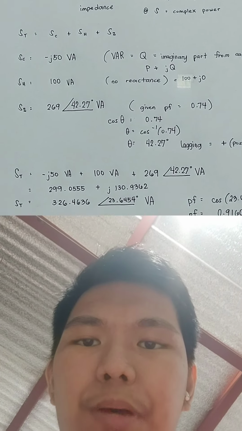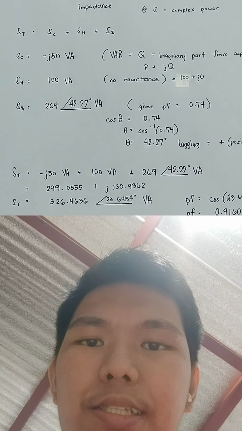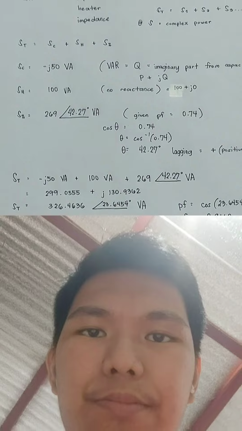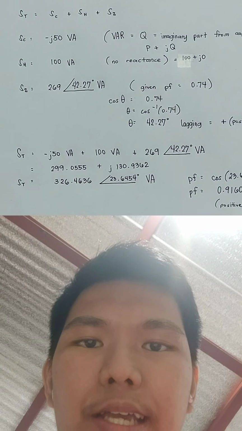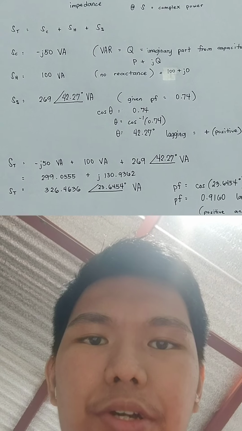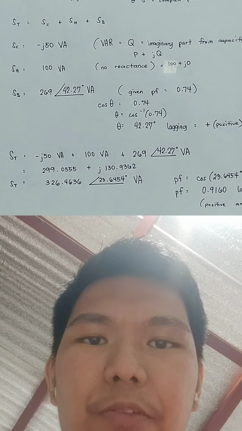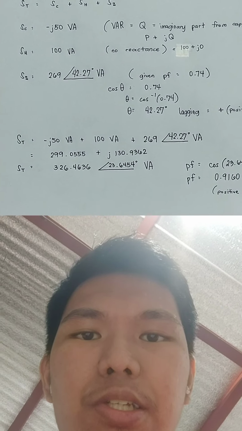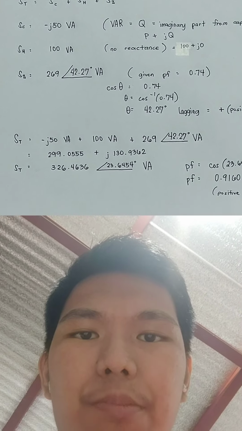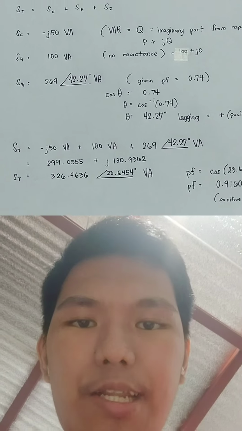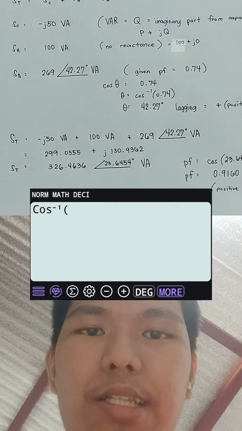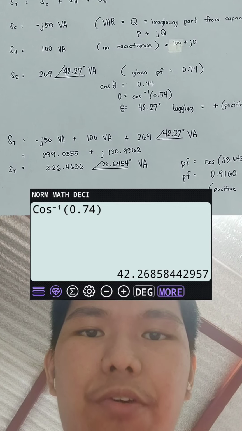For the complex power of our impedance, the given is 269 VA. To get the angle, the given power factor is 0.74. We will use the formula cos theta equals 0.74, and then theta equals cos raised to negative 1 of 0.74.